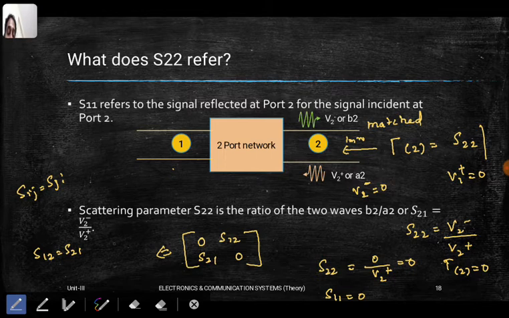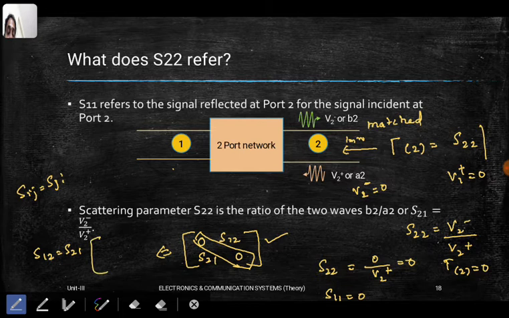Okay, if the ports are interchangeable. So if ports are matched, all the diagonals are 0. If the ports are symmetric or reciprocal, Sij equals Sji, that is, it's a symmetric matrix, the transpose of the matrix equals the original matrix.